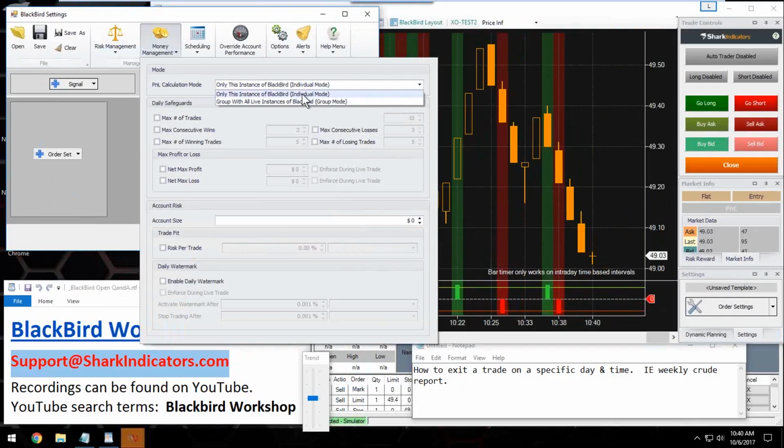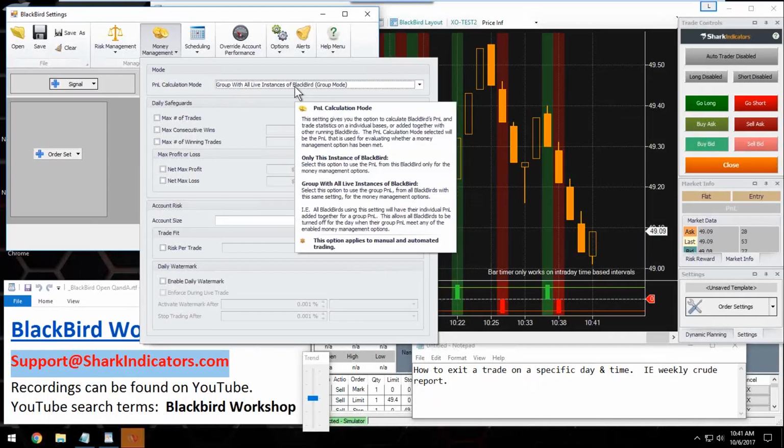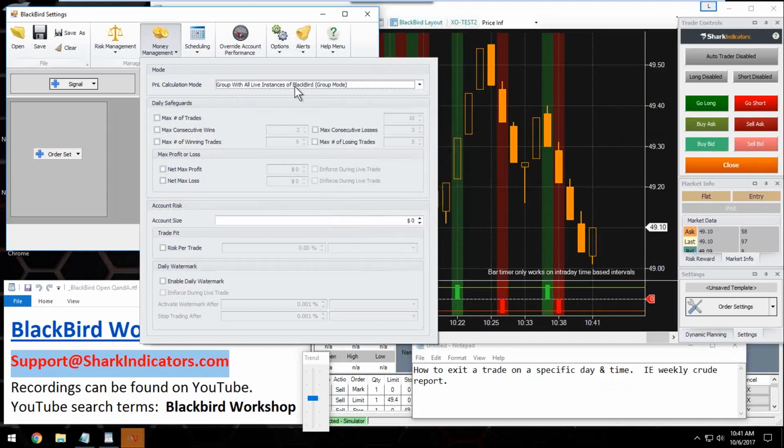But we have found a way to keep track of each BlackBird's profit and losses and then add them together. So BlackBird, as far as we know, is the only strategy on NinjaTrader that has this group mode. So if you're running multiple instruments of BlackBird, you can have them add their profits and losses together.